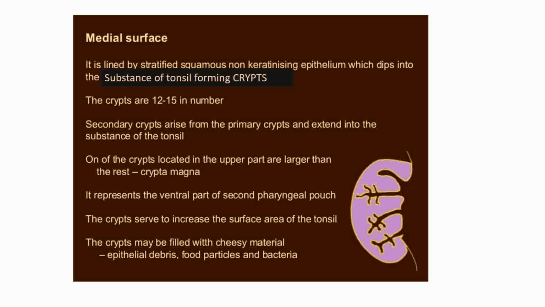Crypts are around 12 to 15 in number, and embryologically they represent the ventral part of the second pharyngeal pouch. These crypts increase the surface area of the tonsil.